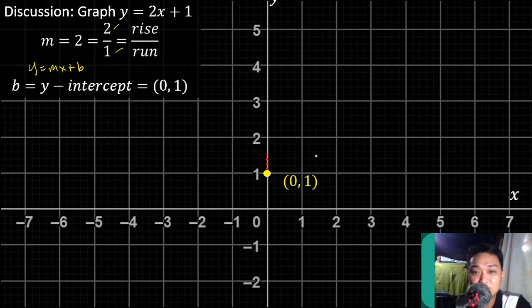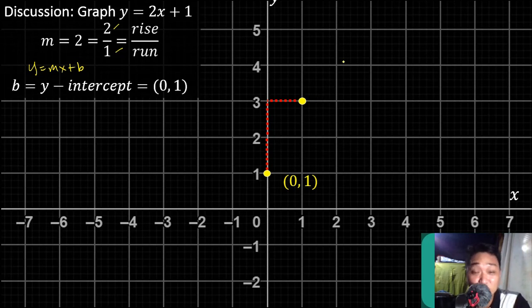So, we will count 1, 2. Now, how many right? 1. So, we count to the right, 1. By using that slope, we could determine the second point.